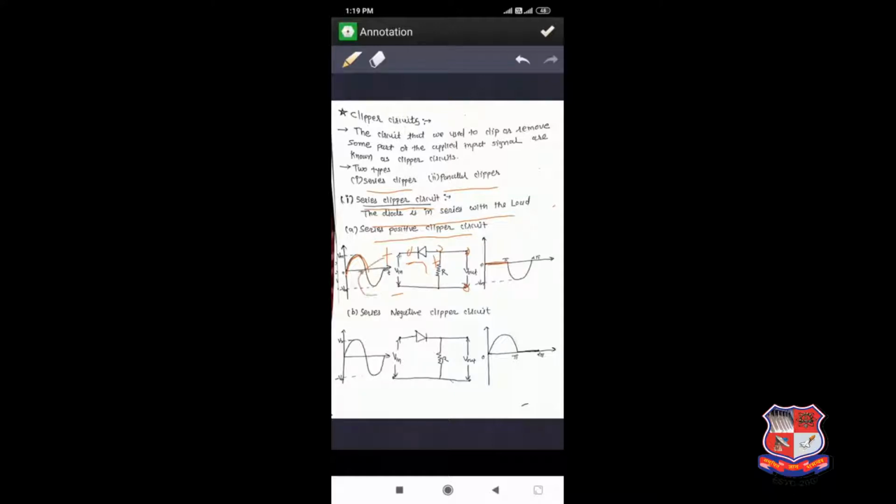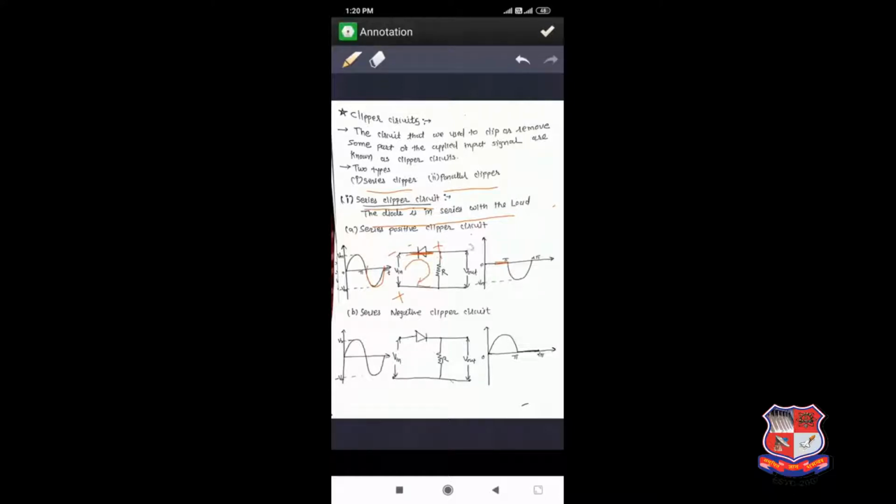Now for the negative cycle, what happens? For this negative cycle, this input terminal is minus and this input terminal is plus. So the diode is in forward bias, because minus is connected to minus and plus is connected with positive. So this diode acts as a closed switch, a short, and current flows through this diode.